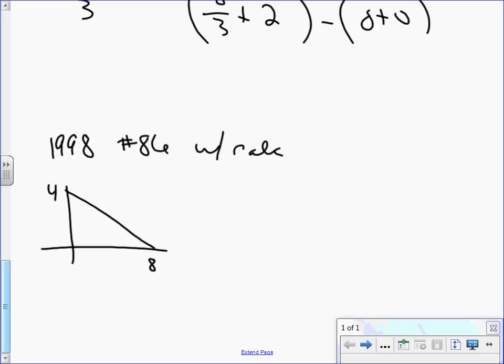Okay, read it. This area? Volume. And it's not volume of a rotation.